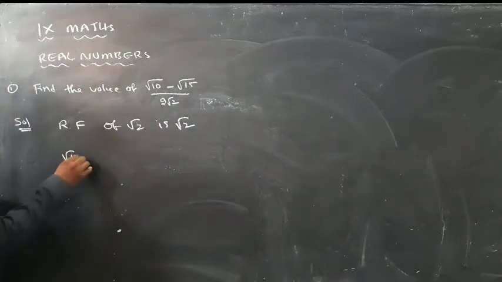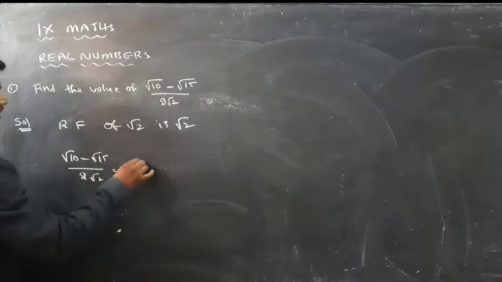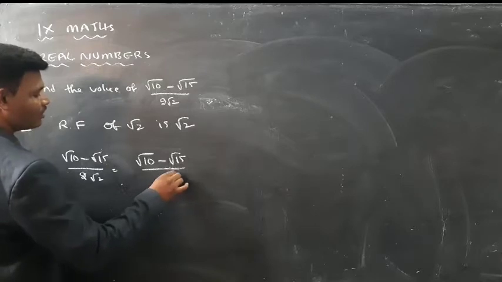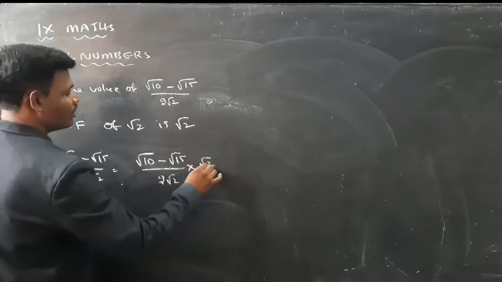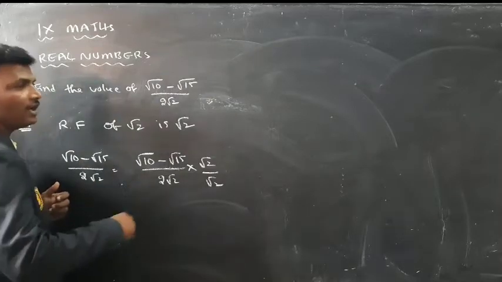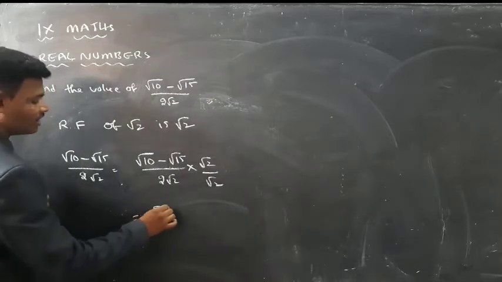Therefore, (root 10 minus root 15) by 2 root 2 is equal to (root 10 minus root 15) by 2 root 2, into root 2 by root 2. Now I am multiplying numerators and denominators. What are the numerators here?